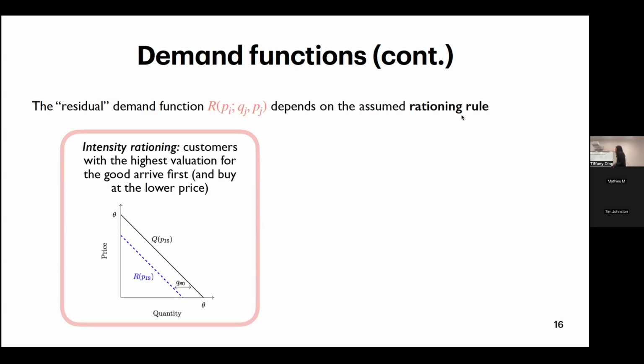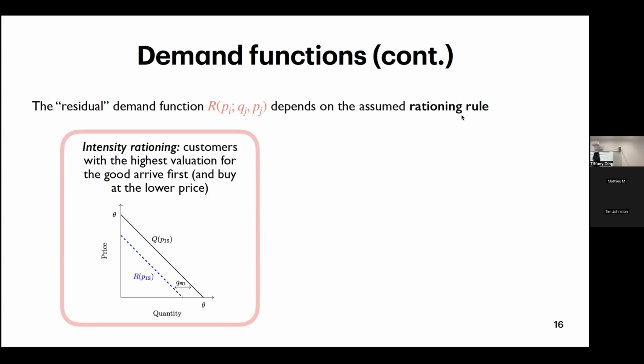So one assumption you can make is intensity rationing. So this assumes that the customers with the highest willingness to pay or highest valuation for the good arrive first. So they're the ones who buy at the lower price, which means that after the lower price seller sells out, the customers that are left are the customers who are least willing to pay. So this is quite unfavorable for the higher priced seller.